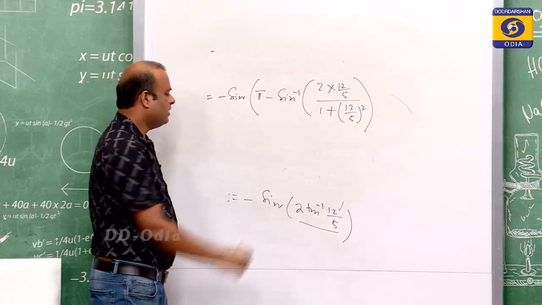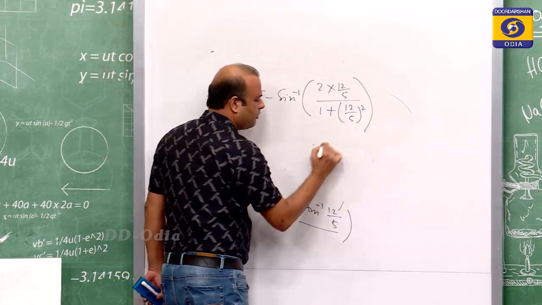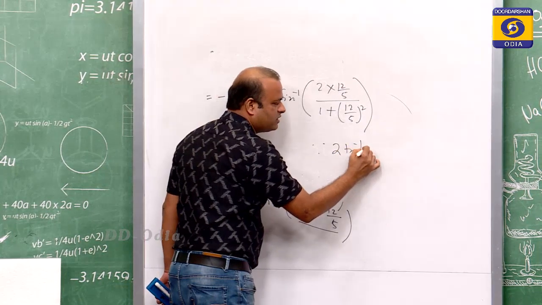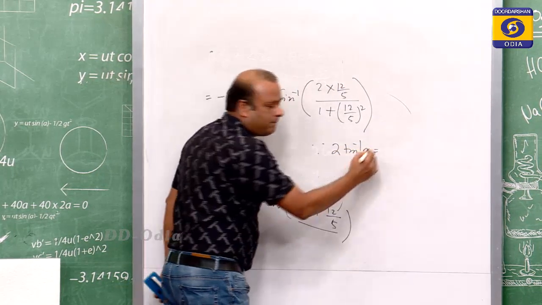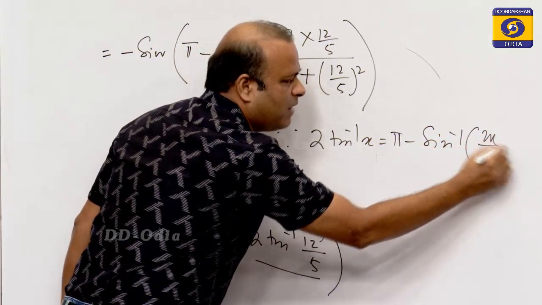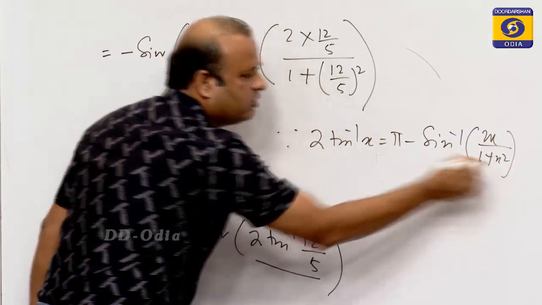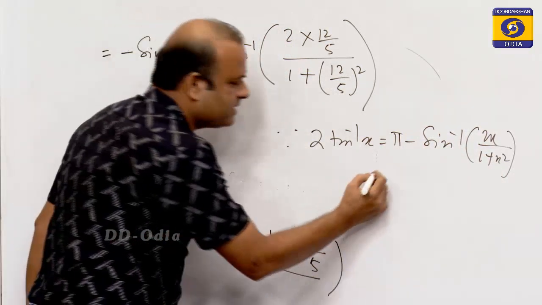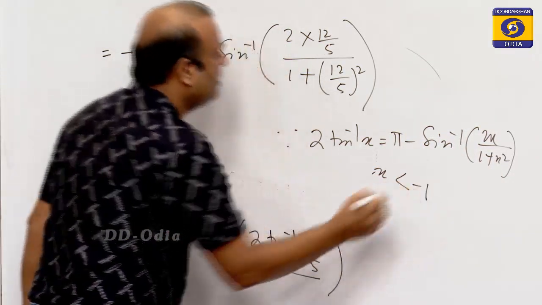Because the formula is 2 tan inverse x is equal to pi minus sin inverse 2x by 1 plus x square for x less than minus 1.